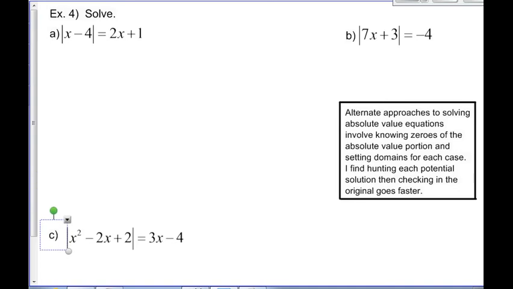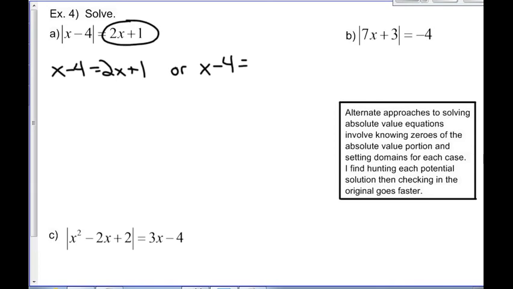So remember, the technique here is either the absolute value signs did nothing, or they did something. x minus 4 equals, you have to negativify this whole side. Change the signs on it.